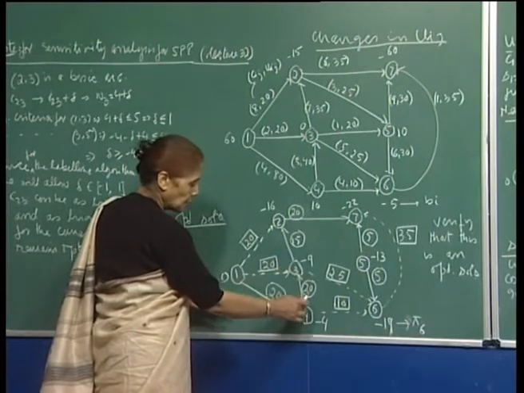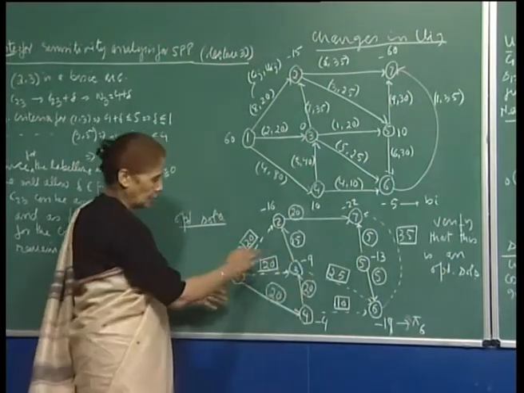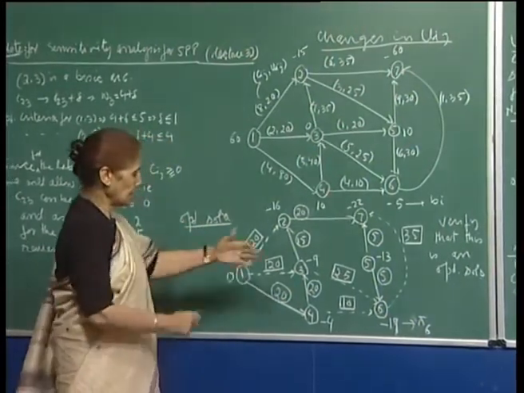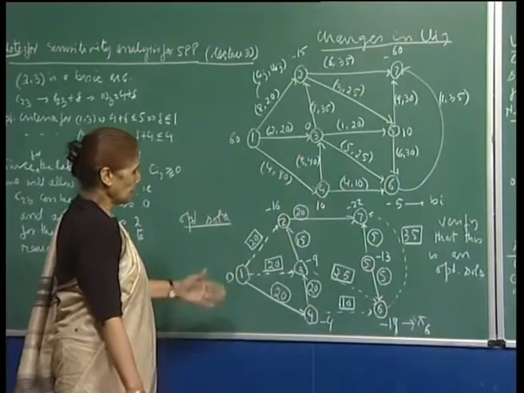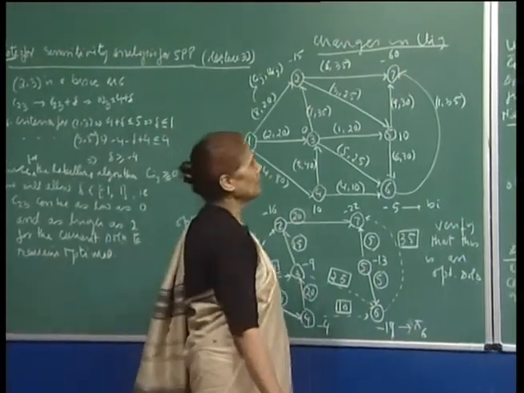So, I should be able to send flow delta_13 from 3 to 1 to conserve the flow at each node. That is what we are doing. So, the flow conservation equations have to be satisfied.